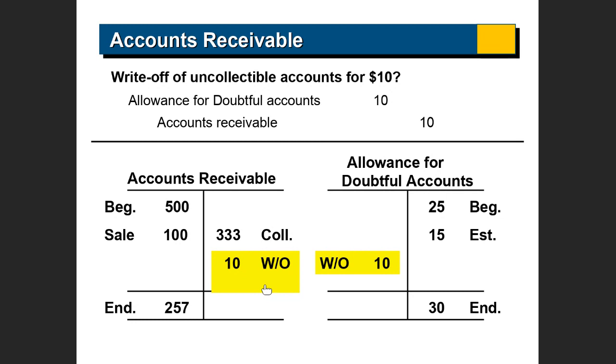The allowance method has more than one step of doing the write-off. The direct write-off method only has one step. So in both cases, we're writing it off, meaning we are removing that accounts receivable, because you're not going to collect it. The allowance method of doing the write-off has these steps. The direct write-off only has one step. Clear?